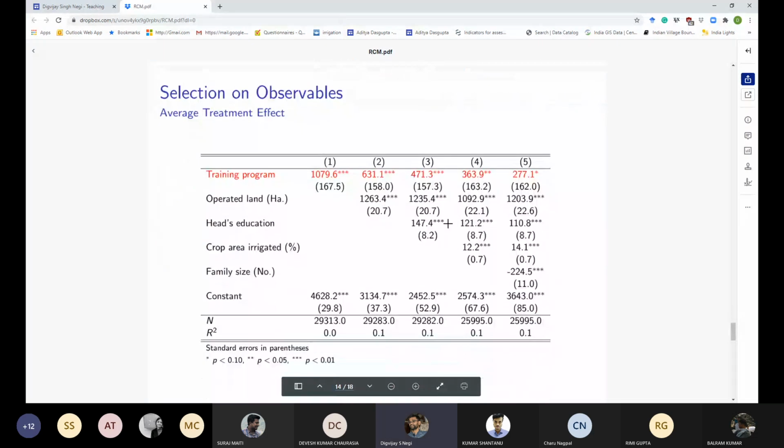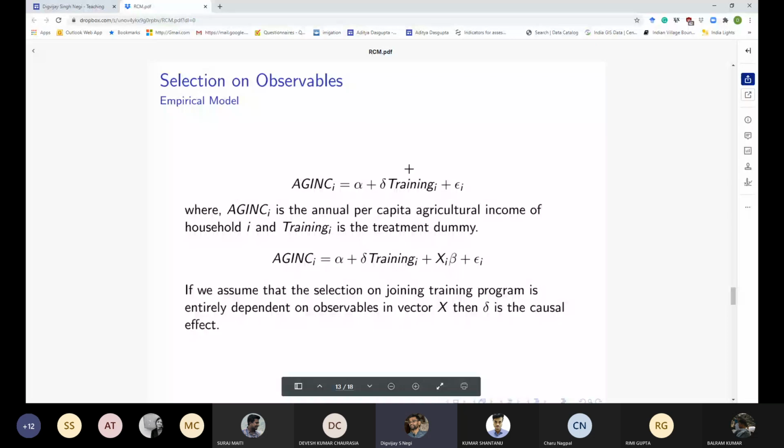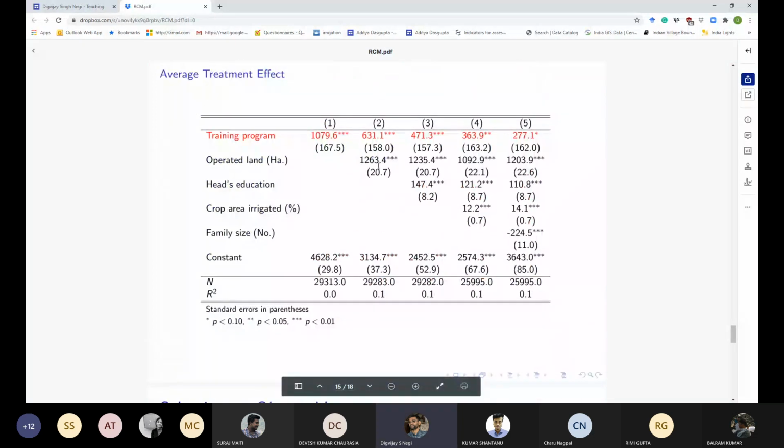So now here are the results from those regressions that I just showed you. Remember that the outcome is the per capita agricultural income, and we are interested in the delta, which is basically the coefficient on the training dummy, right? So forget about column 2, 3, 4, and 5 for now. Focus on column 1.